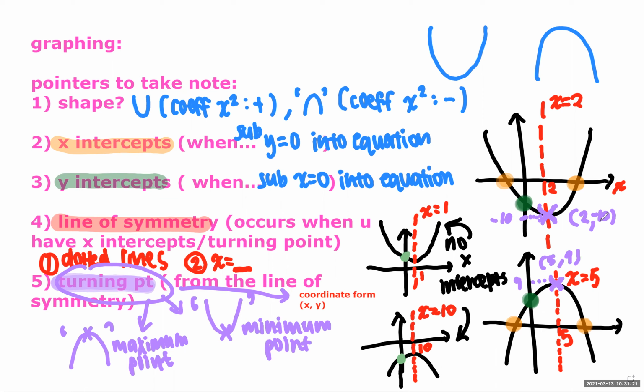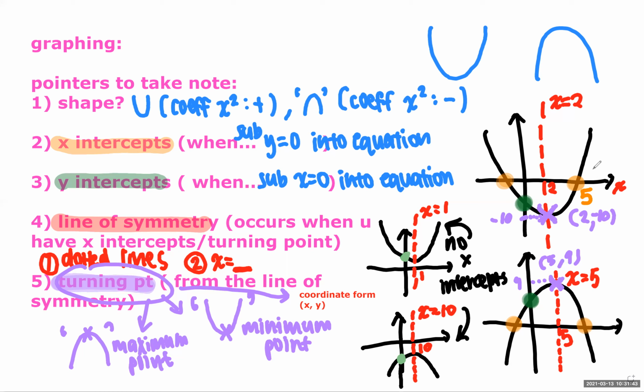Okay, now let me backtrack to the line of symmetry. Now, line of symmetry occurs when you have the x-intercepts. So for example, can you see that this x-intercept is called 5?